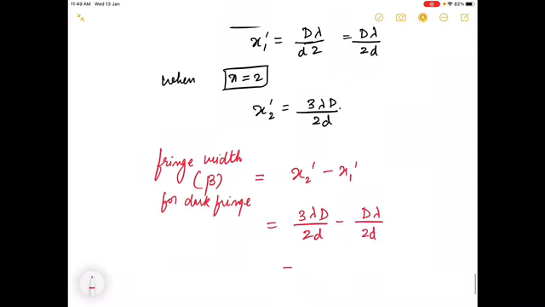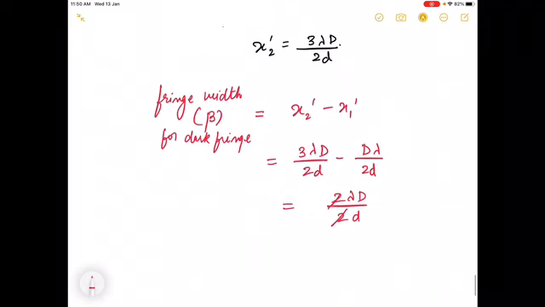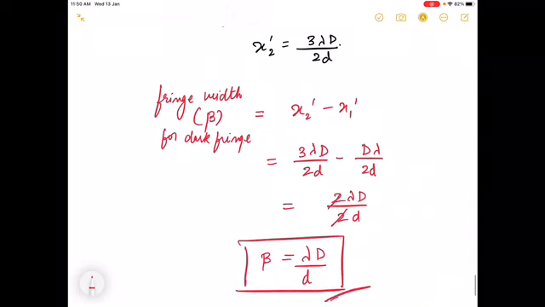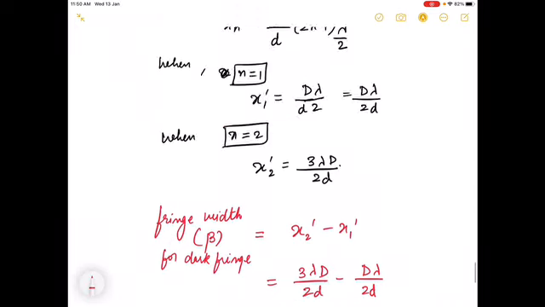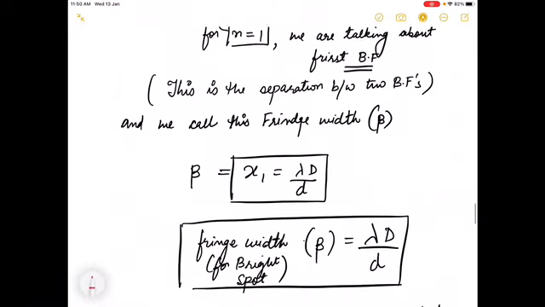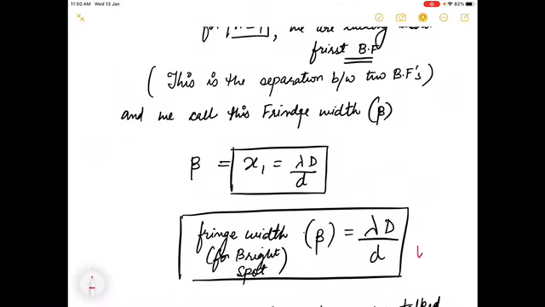So this is actually equal to 2 lambda d by 2d, or the 2 cancels out, so you will get beta is equal to lambda d by d. Very important, right? So basically beta will be equal to lambda d by d, which is actually the same as that for your bright fringe. For the bright fringe also you got the same beta, right?